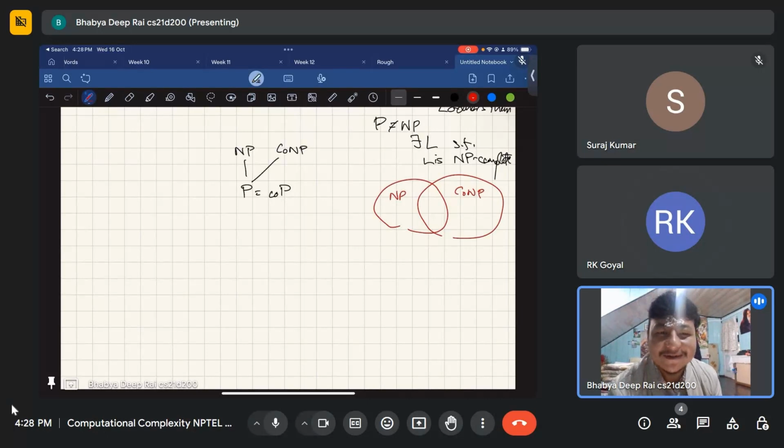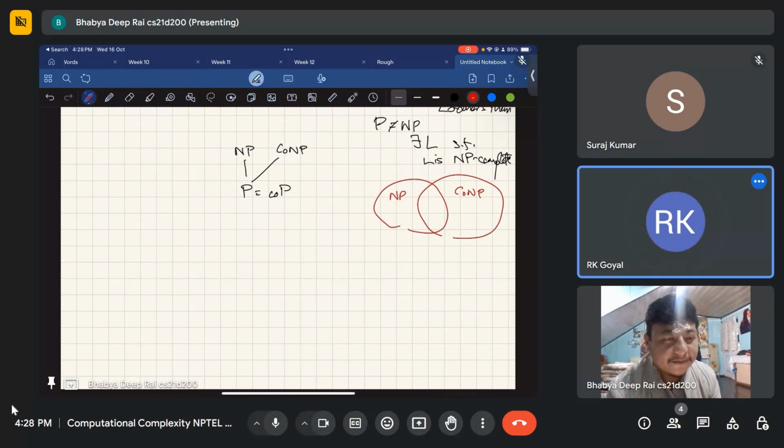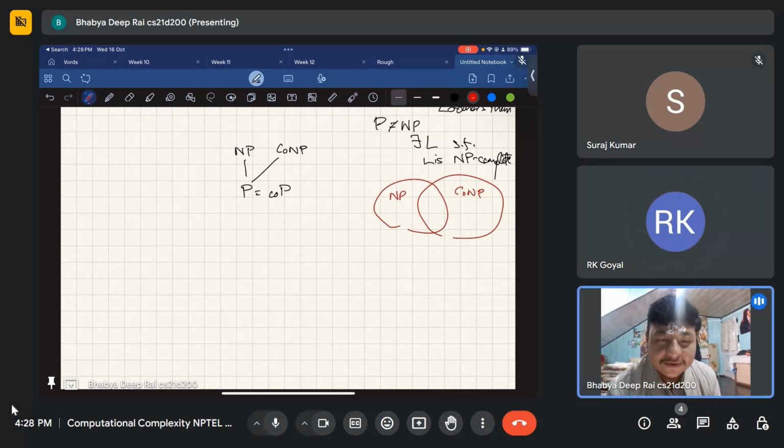Why do NP intermediate problems even exist? They have a certain sense of hardness and a certain sense of easiness to them. So here's the question: if P is not equal to NP, does that mean that NP is not equal to co-NP?